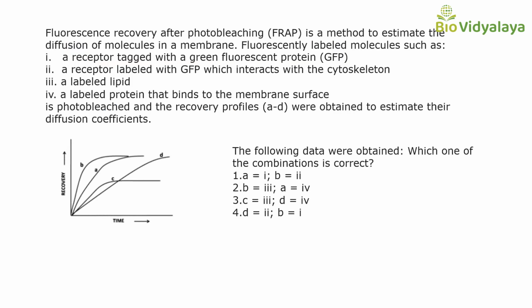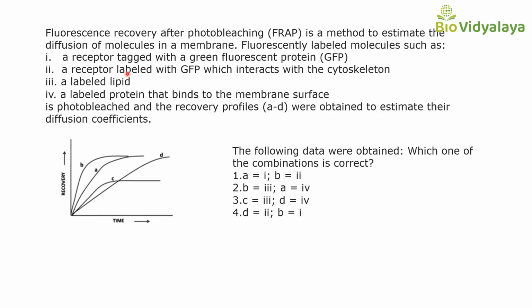This is a question from CSIR NET December 2016. Fluorescence recovery after photobleaching, FRAP, is a method to estimate the diffusion of molecules in a membrane. Fluorescently labeled molecules such as 1.